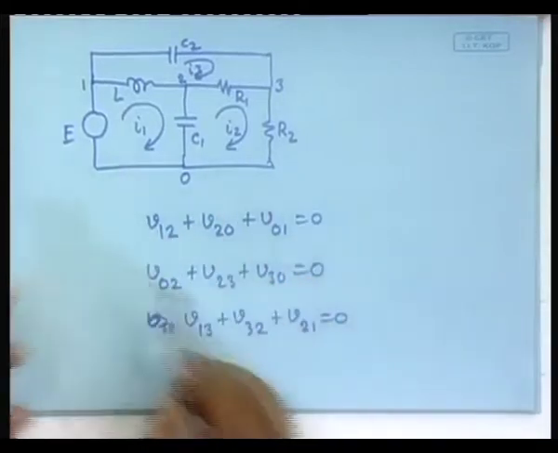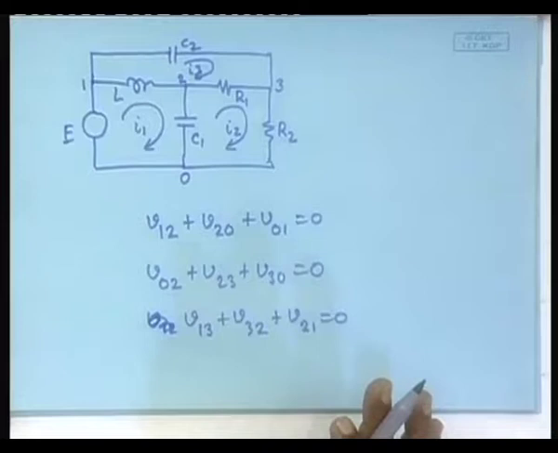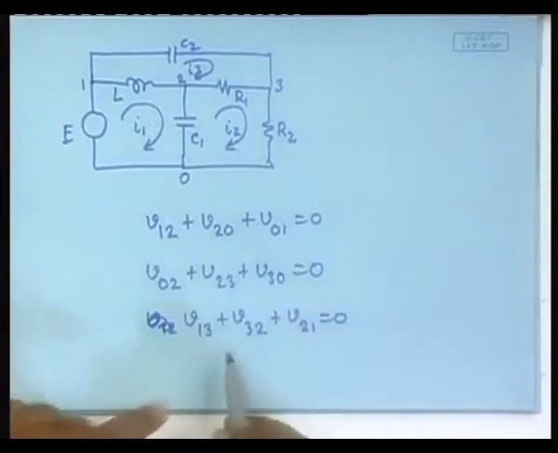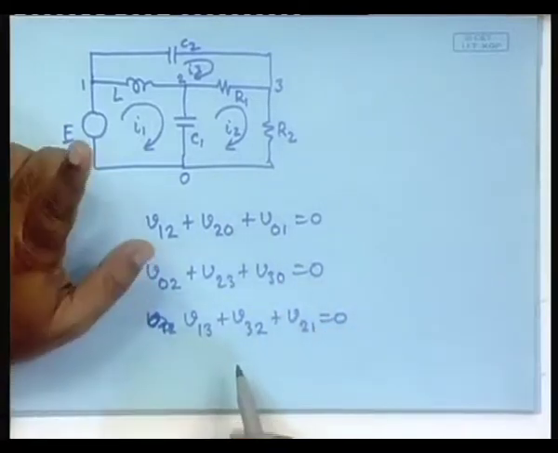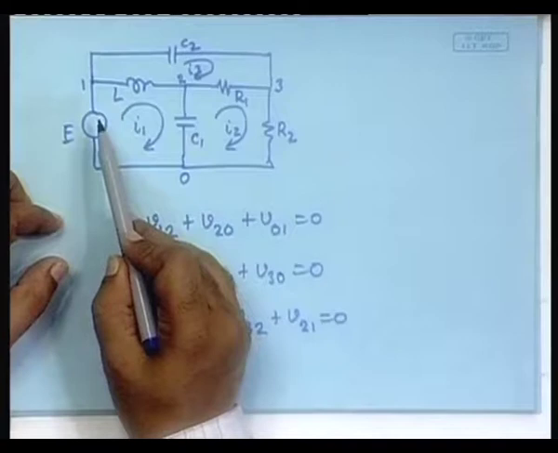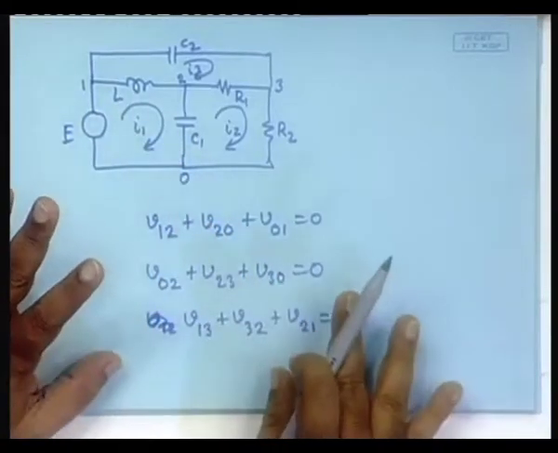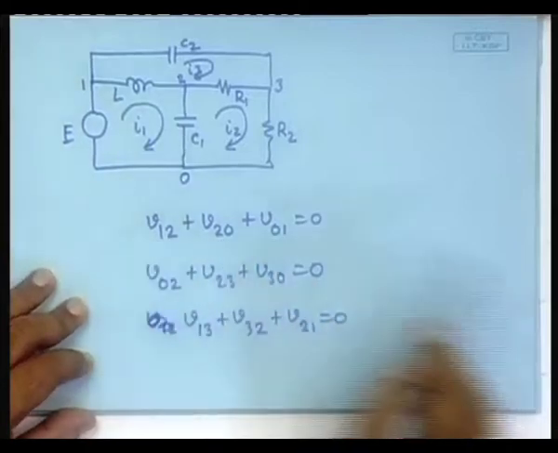So, these three are the Kirchhoff's voltage law equations, as yet trivial, but I wrote it this way because I know that most students make a problem with signs. So, first write it this way and then substitute.